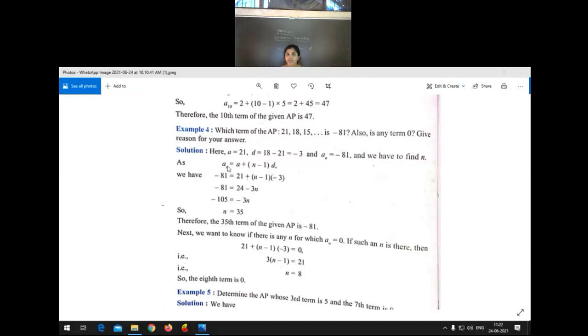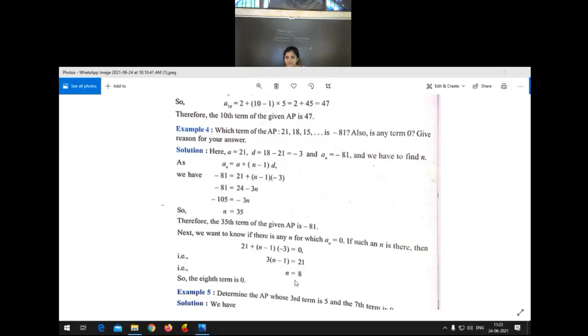In place of a n you just take 0, then a is 21, d is minus 3. So 21 plus n minus 1 into minus 3 is equal to 0. So then 3 into n minus 1 is equal to 21. So n is equal to 8. After the simplification we'll get 8. So n is 8, a perfect whole number we got.